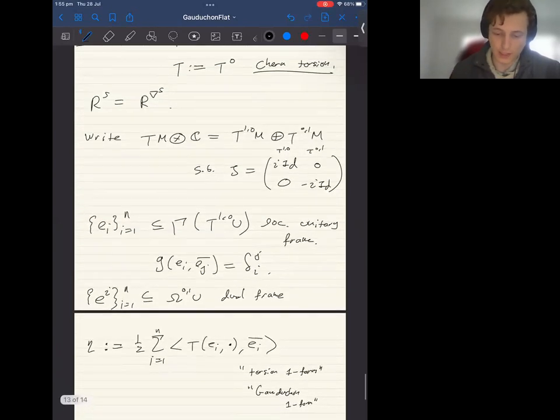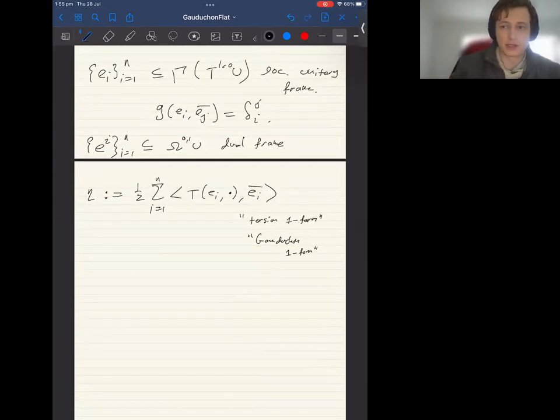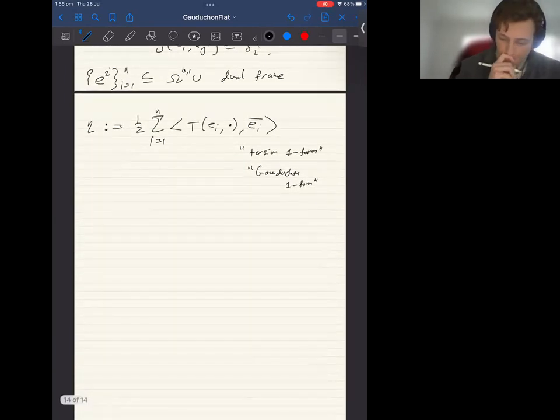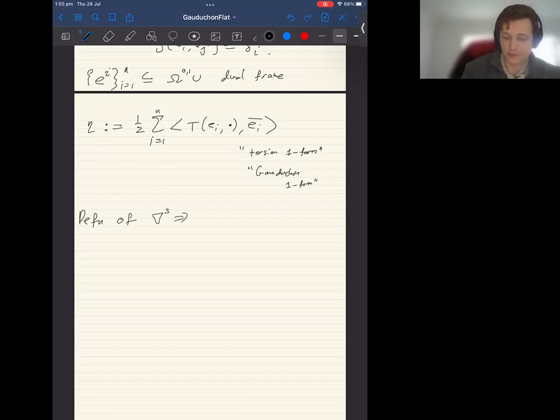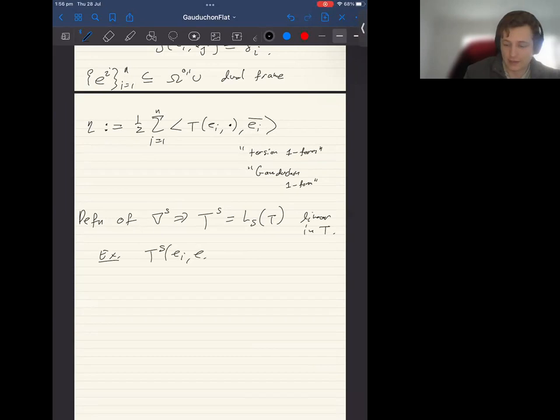So that's just notation, some setup. Now we get into the actual argument of the proof. The definition of nabla S means that you can write the torsion T^S as some linear expression in the torsion of the Chern connection, so this is linear in T. For example, if I evaluate this on the vectors e_i, e_j, then this is (1 minus S) T(e_i, e_j).